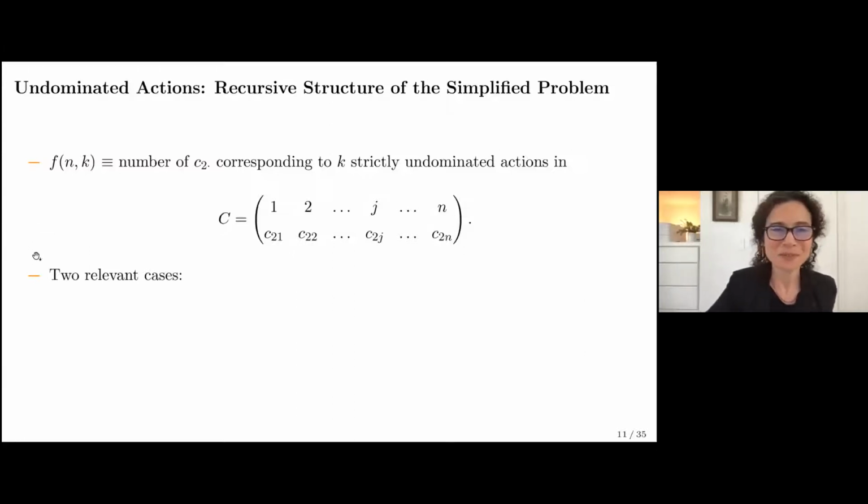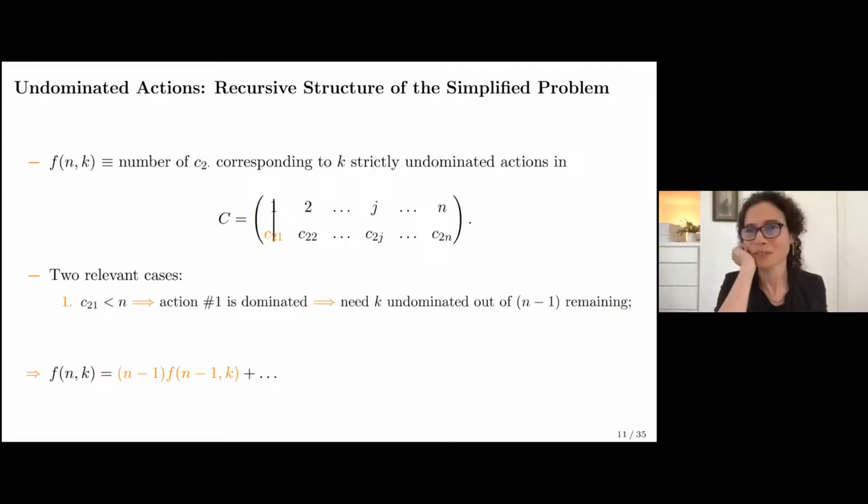So there are two relevant cases to consider. The first one is when C21 here is less than n. If C21 is less than n, this means that action 1 is dominated. So if we're looking for k undominated actions in this entire game, we'll need to find k undominated actions in the remaining 2 by n minus 1 game.